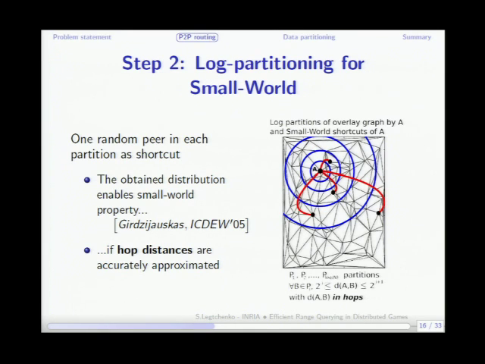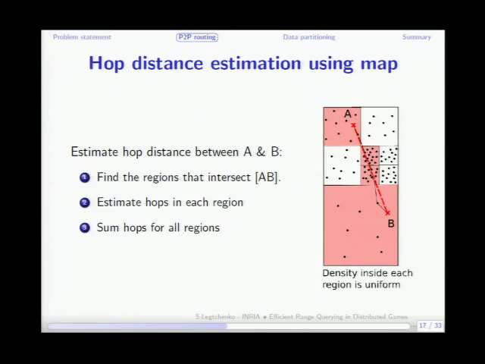However, to create these shortcuts using log partitioning, we need either to have the whole graph or to accurately estimate hop distances to be able to create these partitions. So we use our map to estimate hop distances inside the graph.